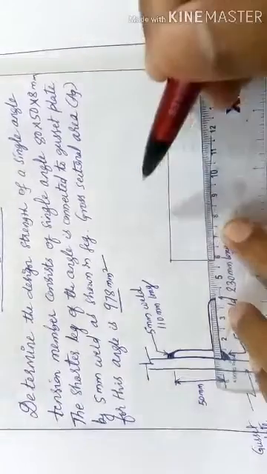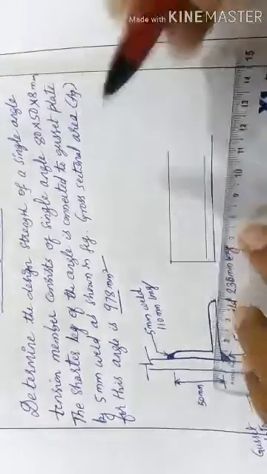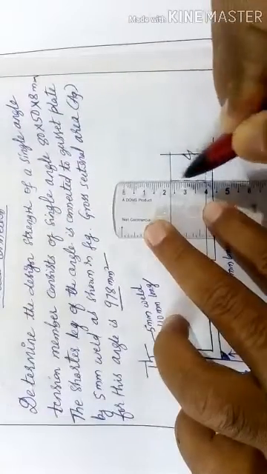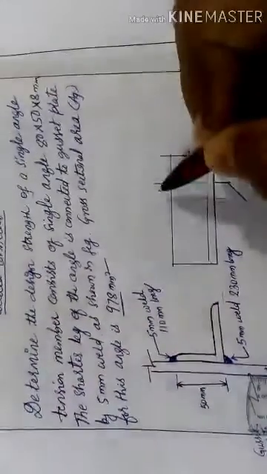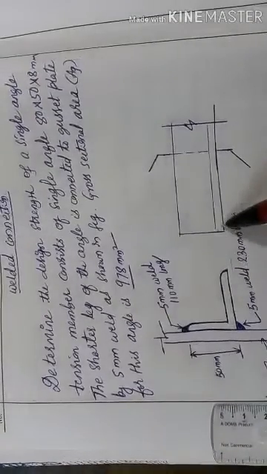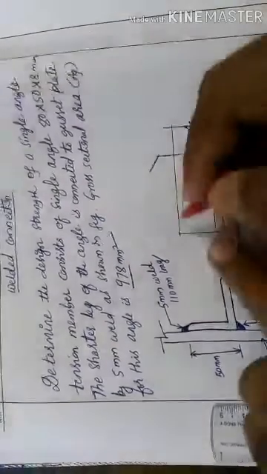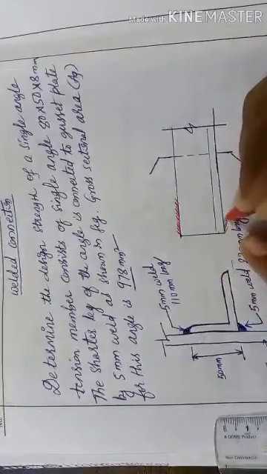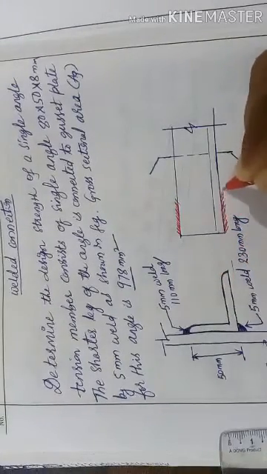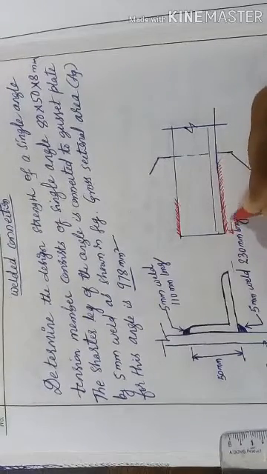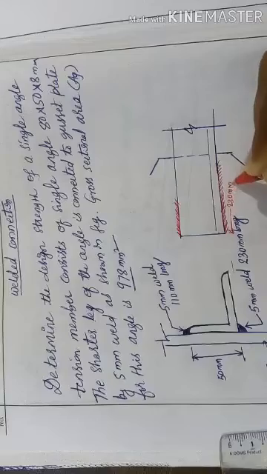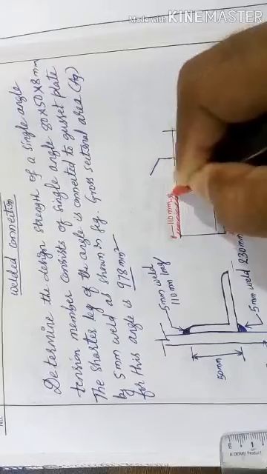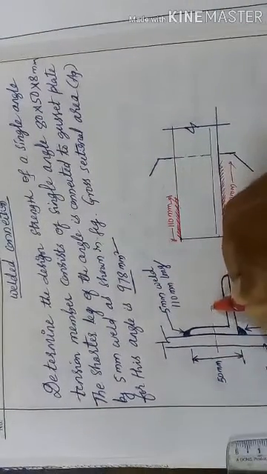Here you will get the thickness of the angle section, the gusset plate, and the welds: this is 230 millimeter, and this is 110 millimeter. Then this is the centroid of the angle.